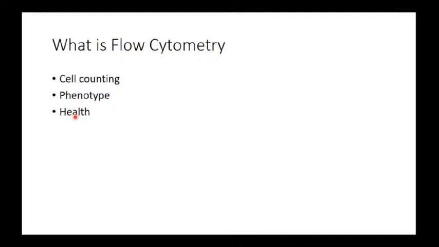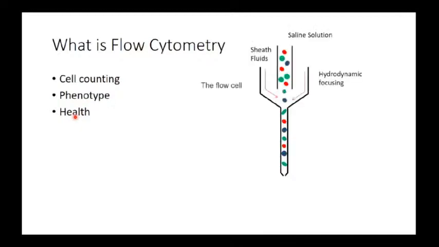How does it work in general? First, in a flow cytometer, I have something called the flow cell. In the flow cell, we add our cell mixture. Then I have the sheath fluid. The sheath fluid applies something called hydrodynamic focusing, which sends the cells one by one through the flow cytometer tube.